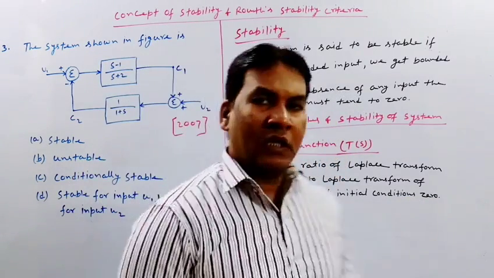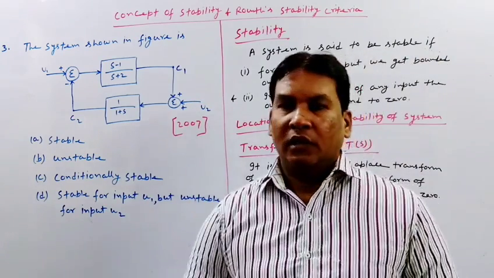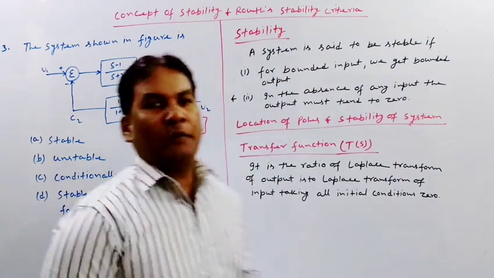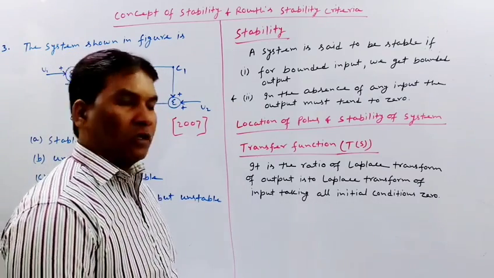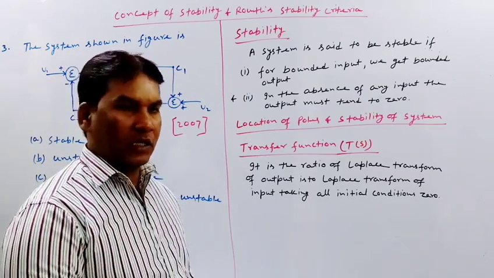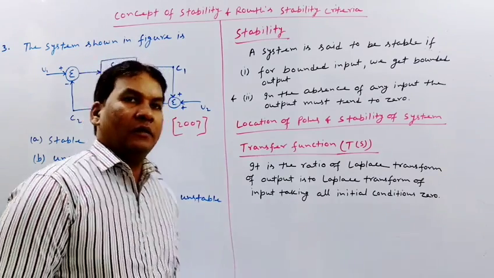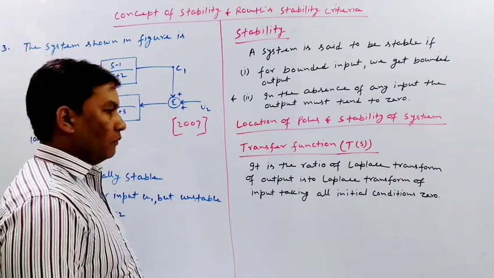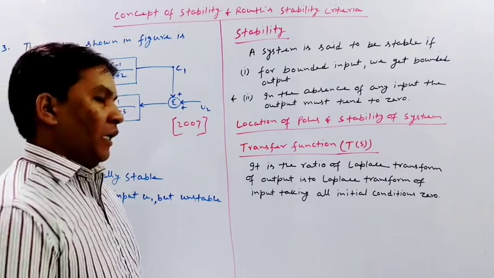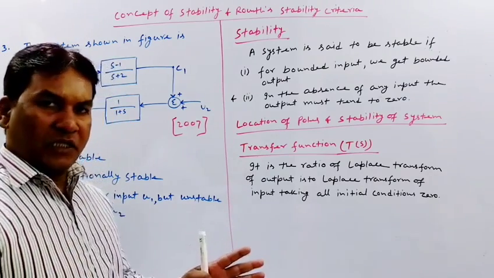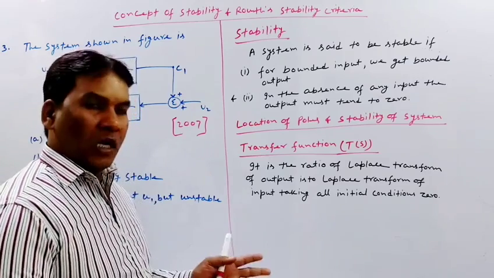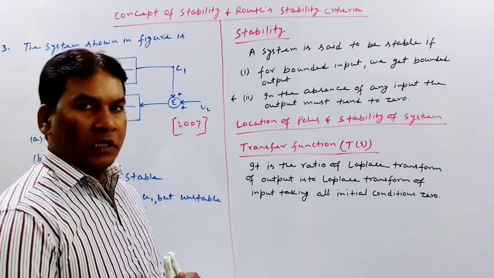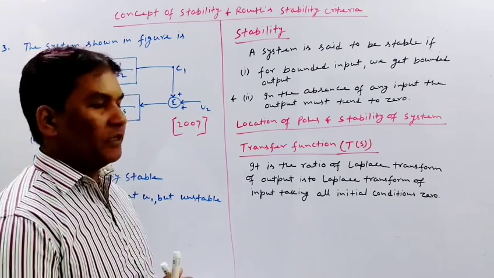So what is initial condition? I have given one example. If a cycle is running with some speed, suppose 10 km per hour, then that is initial condition. If a capacitor is charged initially with some charge, then there is some initial condition in that capacitor.